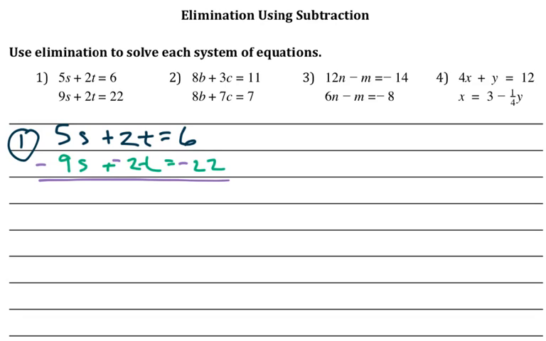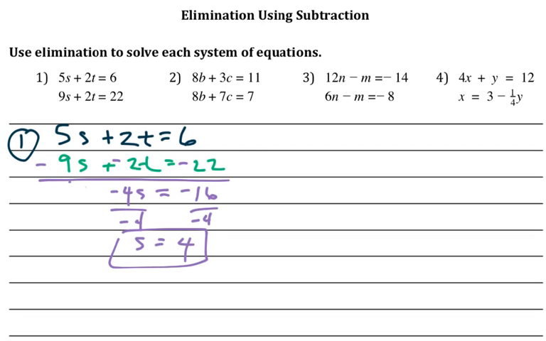It's like I've multiplied everything by a -1. If that's confusing, you can let me know. Here's -4s. This drops out, and I have -16. Dividing both sides by a -4, I figure out that s is +4.